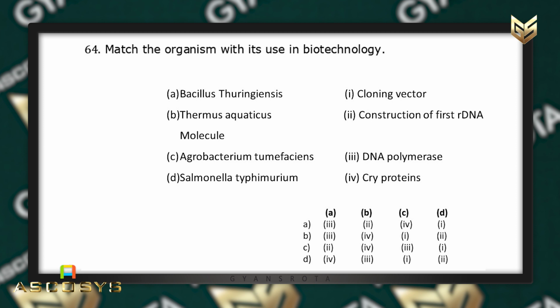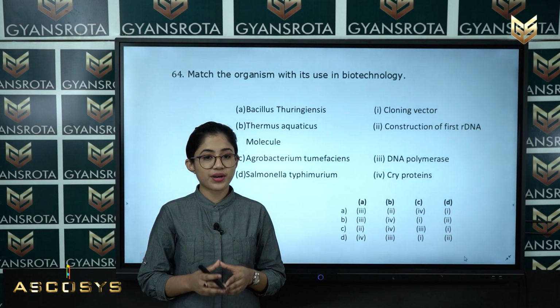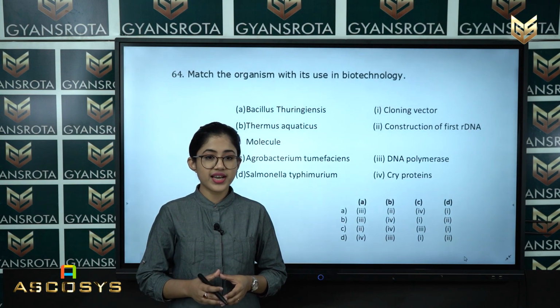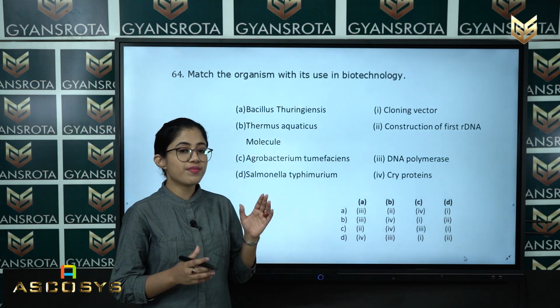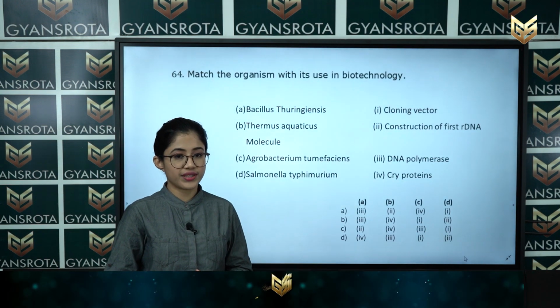And the next one is column 2, here it is written cloning vector, construction of first rDNA, third is DNA polymerase and the fourth one is proteins. So student, this is from the chapter biotechnology, right? Now, we need to match the organisms along with their use in biotechnology.